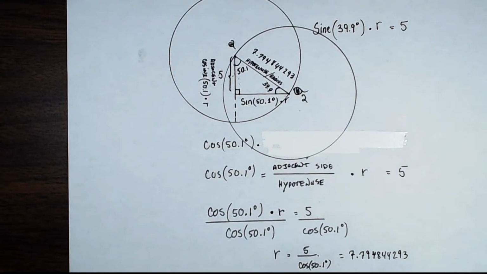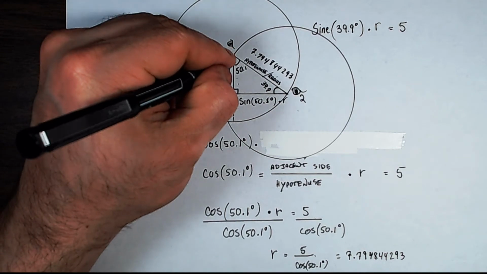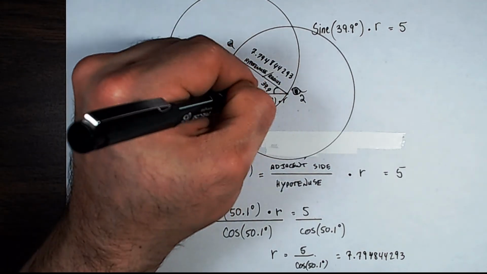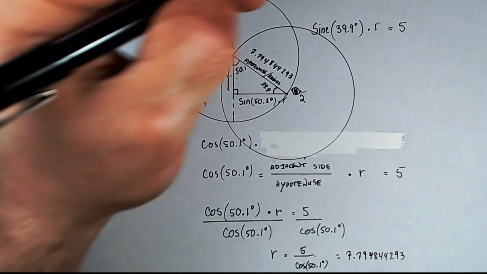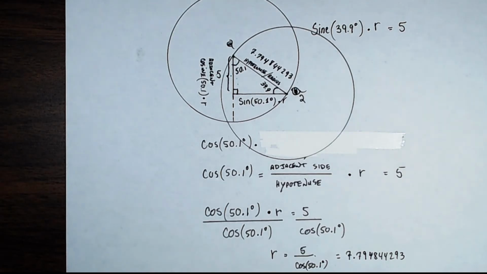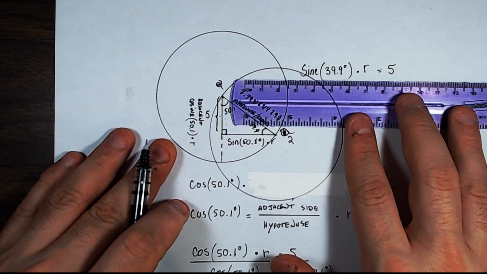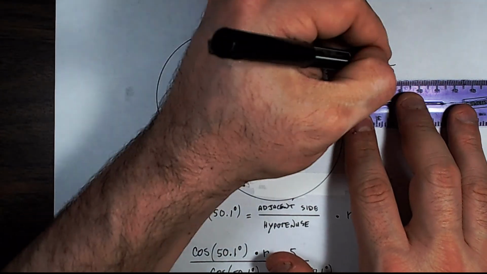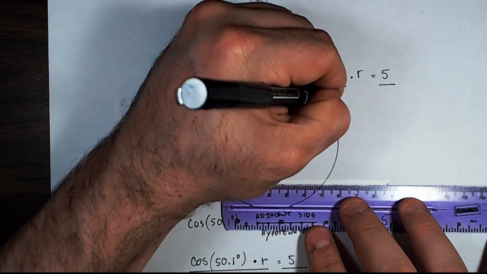Now I've got a new circle, and this is my sine, and this is my cosine for this brand new circle. So the sine of 39.9 multiplied by a radius value equals 5. To find that radius value again, I could divide both sides by the sine of 39.9 degrees.